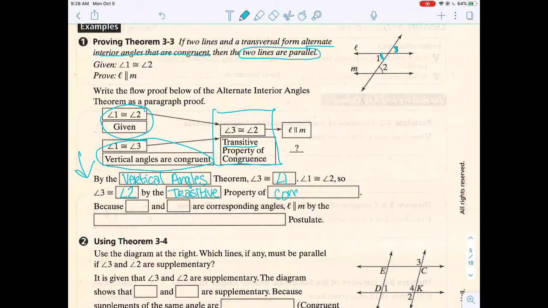Transitive property of congruence. Everything I've written down, I've just pulled from the flow proof. Because angle 3 and angle 2 are congruent corresponding angles, L is parallel to M by the converse of the corresponding angles postulate.